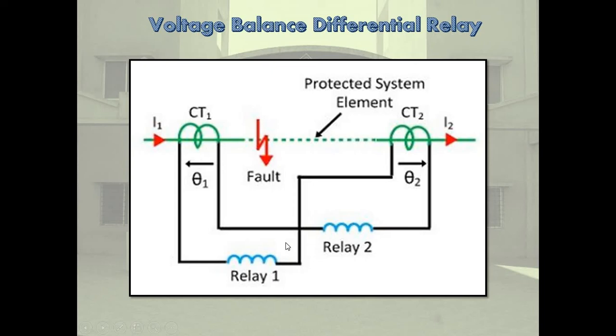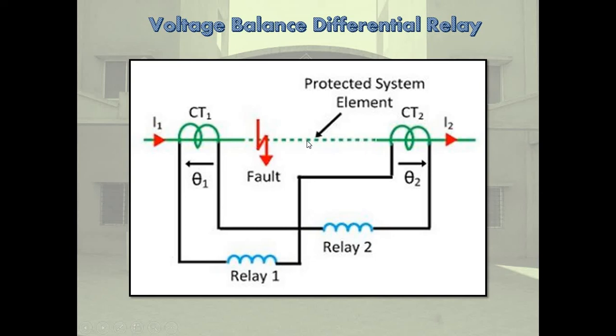The relative polarity of the CTs is such that there is no current through the relay under balanced or through fault conditions. Here this is CT1 and CT2, both directions are opposite. CT1 is connected with relay 1, CT2 with relay 2. This is the protected system element, a motor, winding, generator, or transformer, etc.